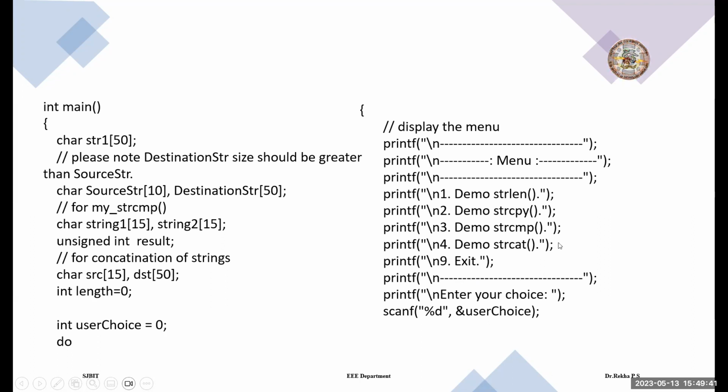So after the display, I'm getting the information from the user to enter his choice. So he is supposed to enter the choice, enter your choice. That choice, whatever he has entered, will be saved into the user choice variable through the scanf function.